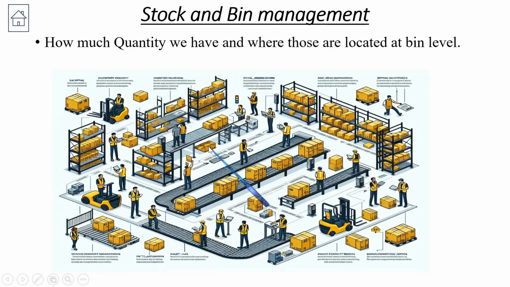But in storage location level management it is not possible, because there is no segregation of the products. Inventory management is not that flexible. If you have a large variety of products with variety of batches and expiry dates, you should always go with the warehouse management level instead of the inventory management level.